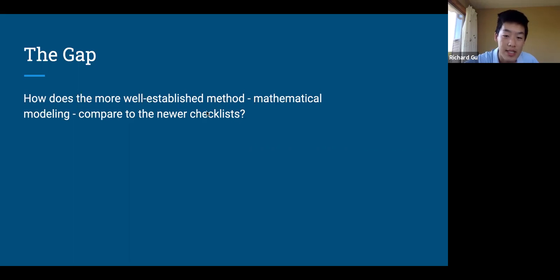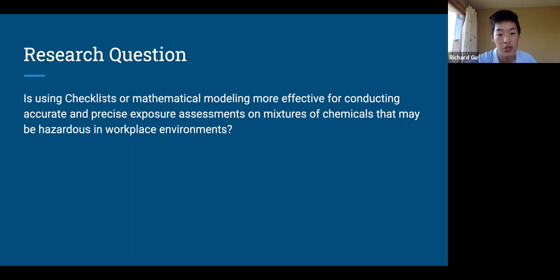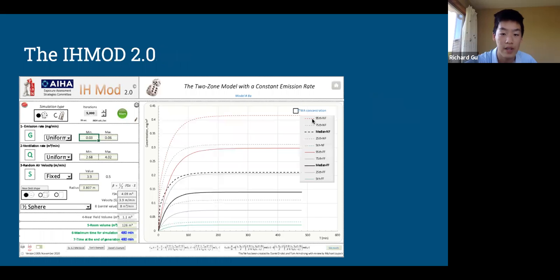We have yet to see whether or not they can provide an extremely accurate exposure assessment. So this brings us to my research question, which is: is using checklists or mathematical modeling more effective for conducting accurate and precise exposure estimates on different chemicals that may be hazardous in workplace environments?